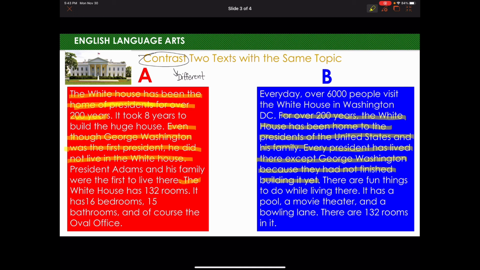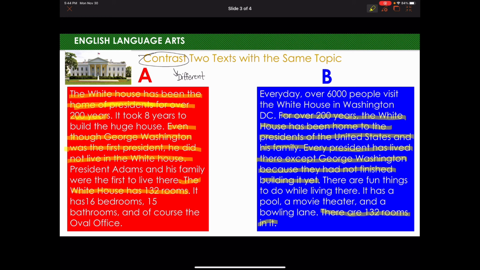Yes, they did. Okay. And then it says it has 16 bedrooms, 15 bathrooms, and of course the Oval Office. Does it tell us in paragraph B how many bedrooms and bathrooms there are? No, instead they talk about how there's a pool, a movie theater, and a bowling lane.